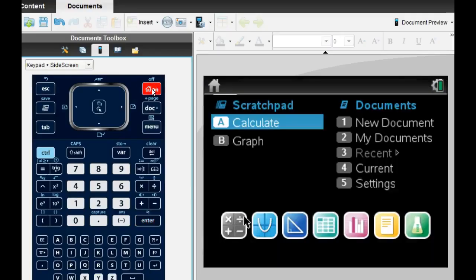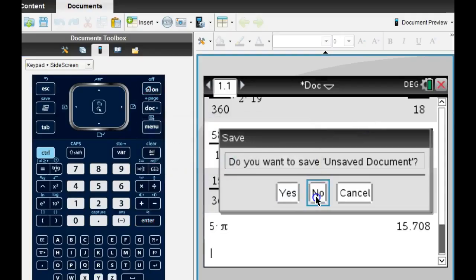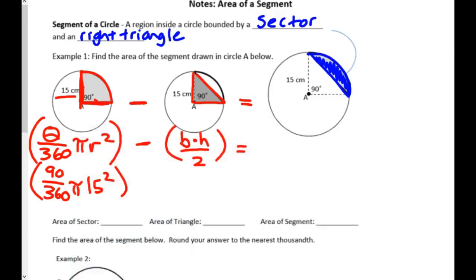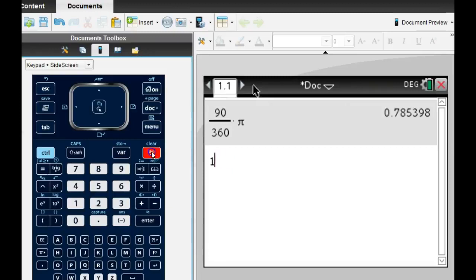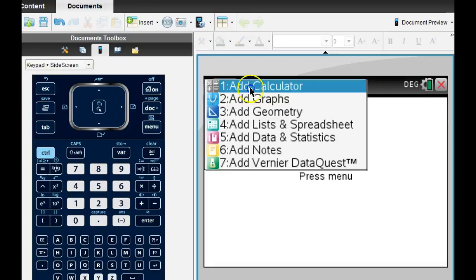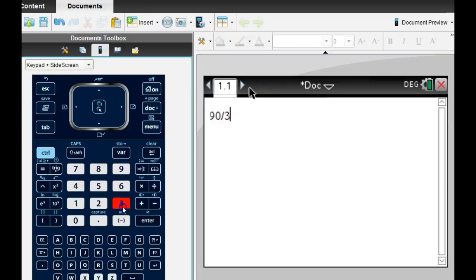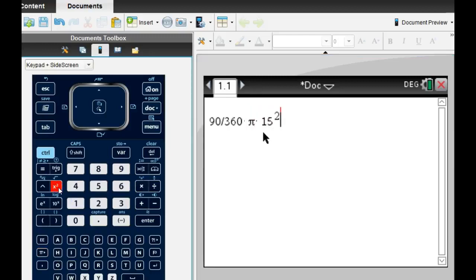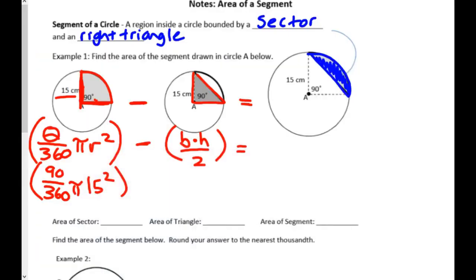Type it all in. 90 divided by 360 times pi times 15 squared. All of that gives me 176.72. Let's write that down. 176.72.